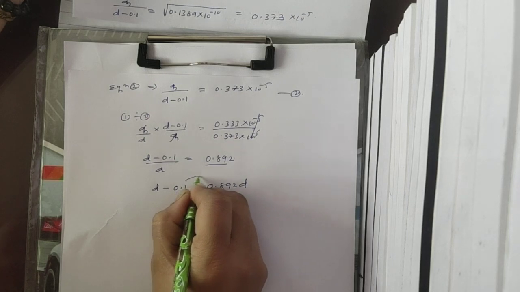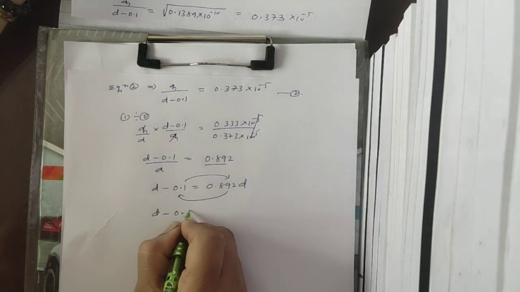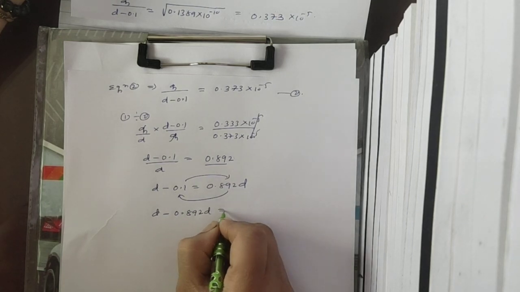You take 0.1 to this side and this one to this side: D minus 0.892 D equals 0.1.